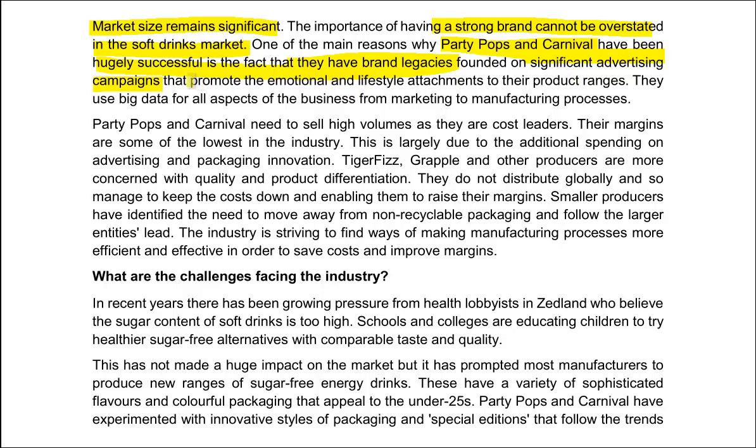And in the case of Party Pops and Carnival, they promote emotional and lifestyle attachments to their product ranges rather. So with this in mind, perhaps they could merge with Tiger Fizz and use that big merging of two brands to then have a big ad campaign promoting this new merged or acquired big conglomerate. And this would then maybe have a celebrity doing a comical or a very personalized advert.